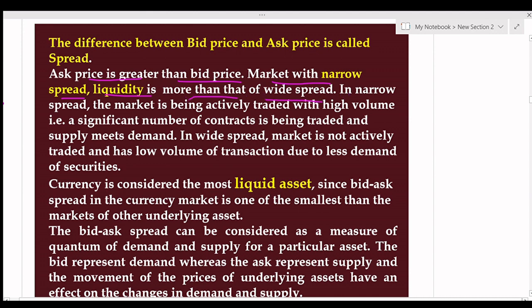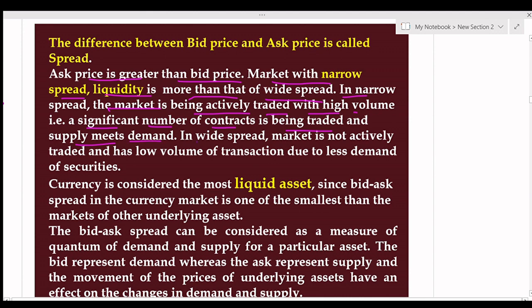In narrow spread, the market is being actively traded with high volume, that is, a significant number of contracts are being traded and supply meets demand.